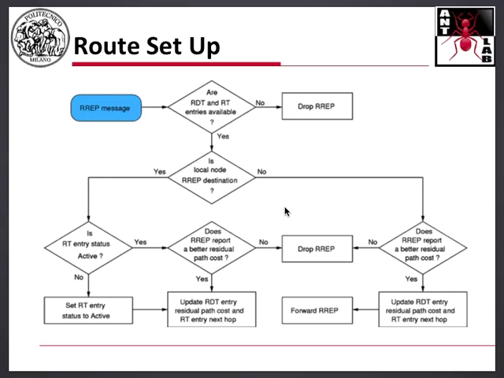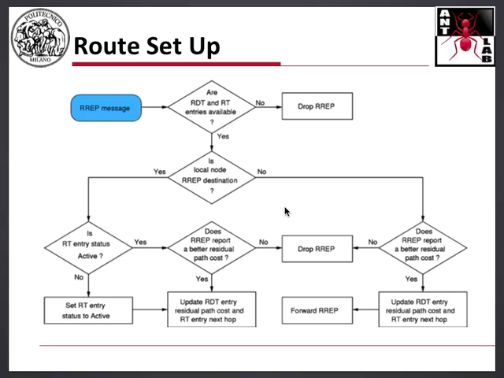So what this node does is check whether the residual cost of the route reply it has received is better or worse than what is stored in the route discovery table for that specific route reply message. If the answer is no, meaning this node has already received a route reply for the same route reply pair with a lower cost, then the route reply must be dropped.